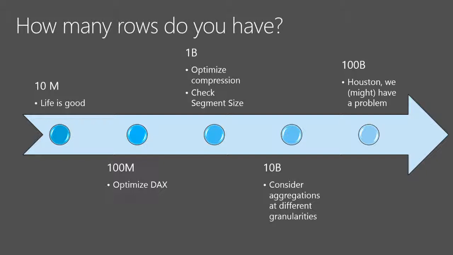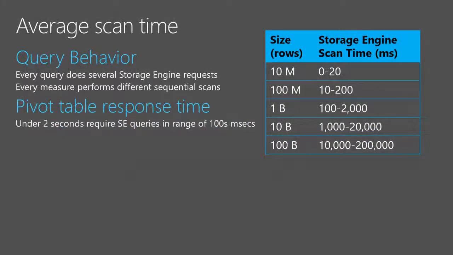Not to mention that also the performance would be slow, because if you have to wait 20 seconds for a query, it's not good. In this slide, I show you what is the typical scan time that you can have in the storage engine. As you see, 10 million rows, 20 milliseconds for a complete scan of the table. Do whatever you want. It's fast. Unless you create a problem in the formula engine, the storage engine is good.